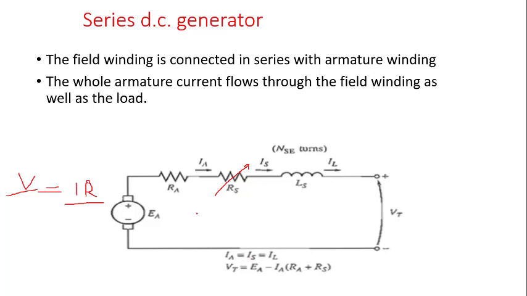So we can get our formula. If you're able to get the drop here plus the drop here, now we subtract from EA, then we can get our VT.